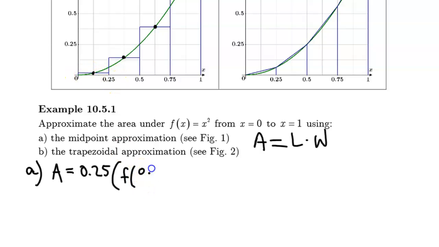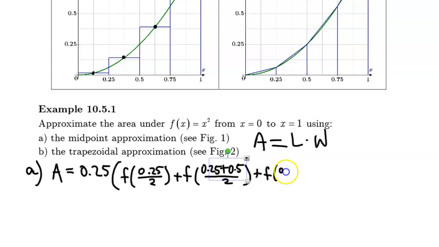So that would be 0 plus 0.25, which is 0.25, divided by 2, plus the height of the second rectangle, which would be the average between 0.25 and 0.5. And now the height of the third rectangle is the average of 0.5 and 0.75. And finally, the fourth rectangle, its height will be the average of 0.75 and 1.